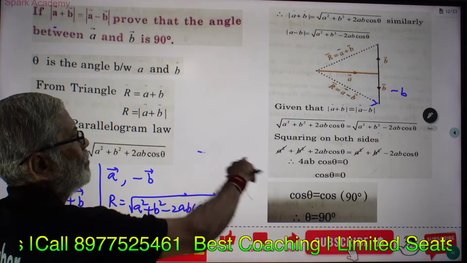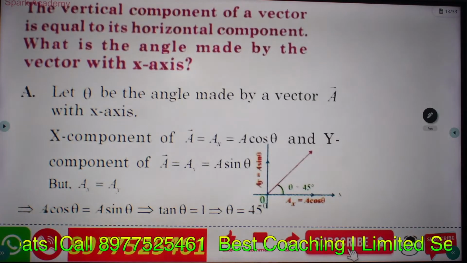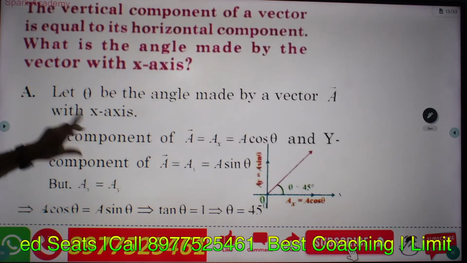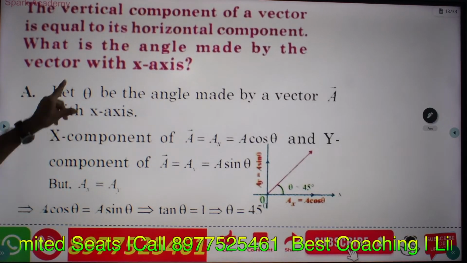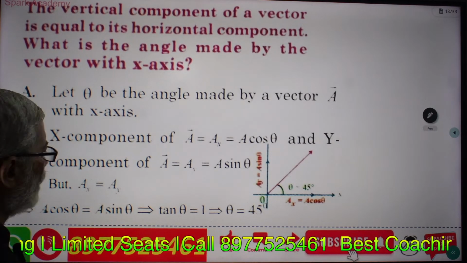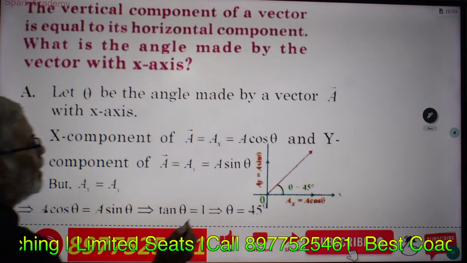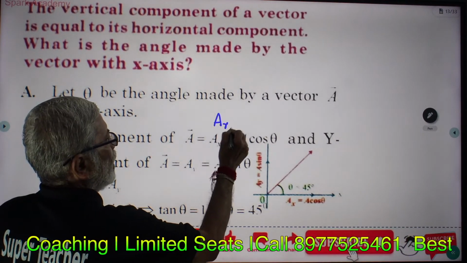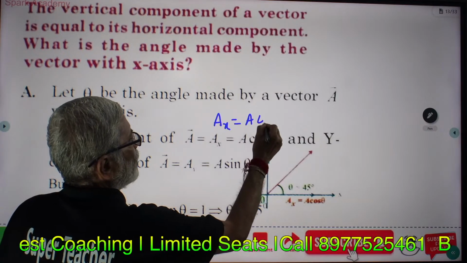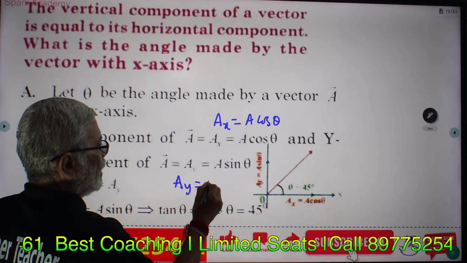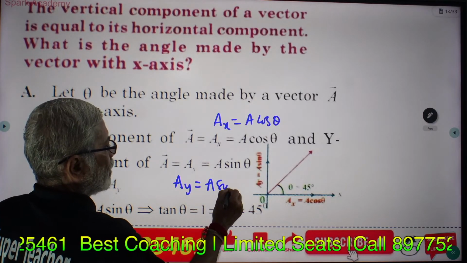So if the magnitude of A plus B is equal to the magnitude of A minus B, then theta will be 90 degrees. Another problem. The vertical component of a vector is equal to the horizontal component. What is the angle made by the vector with the x-axis? What is the condition given? The horizontal component is A cos theta and the vertical component is A sin theta.